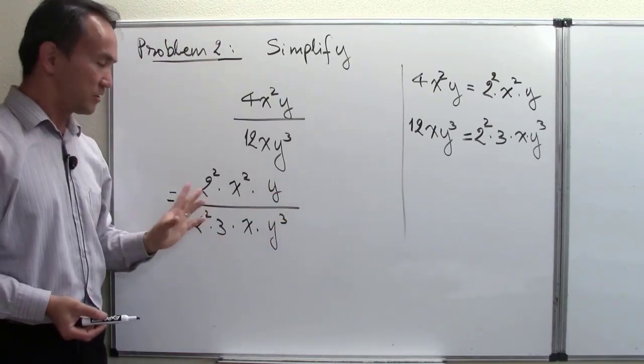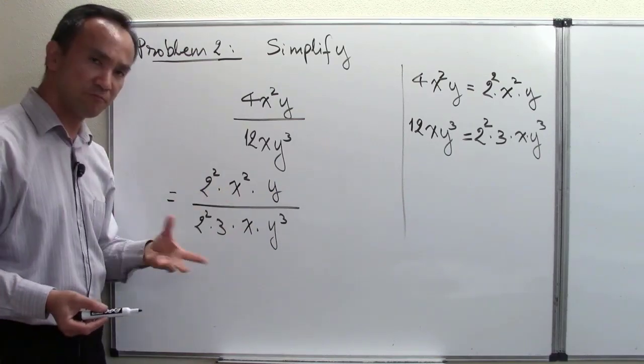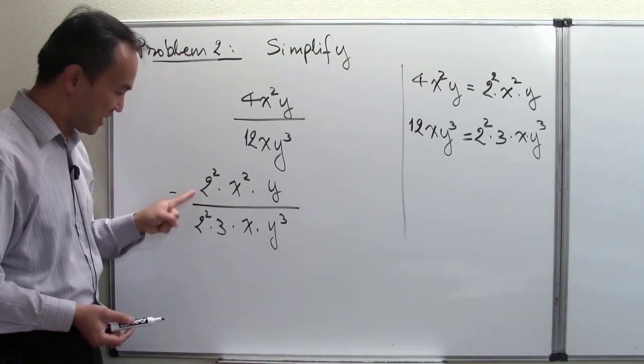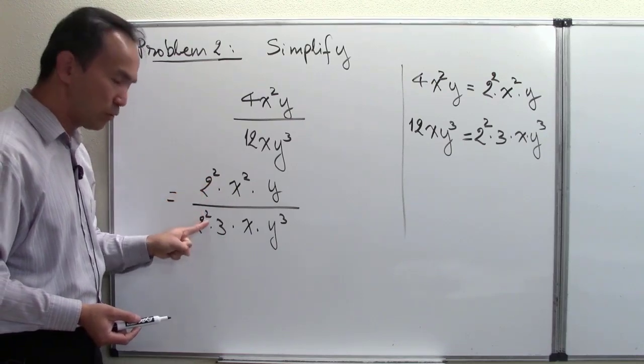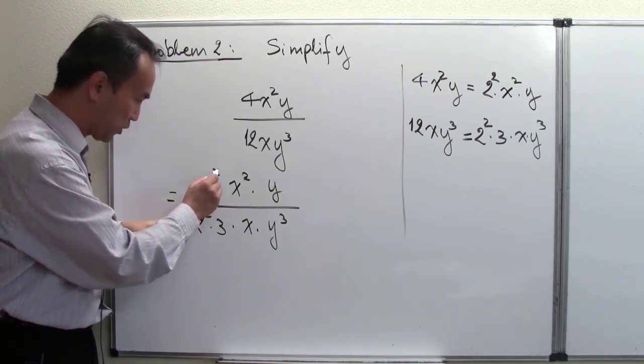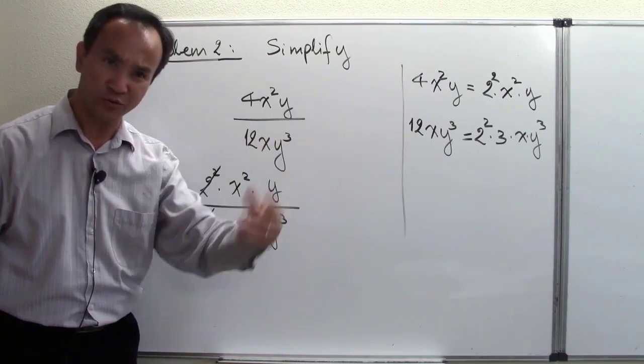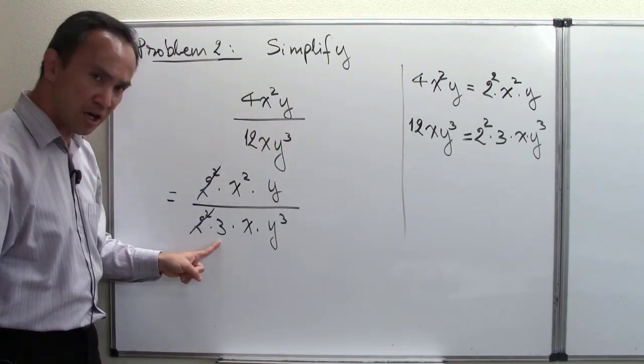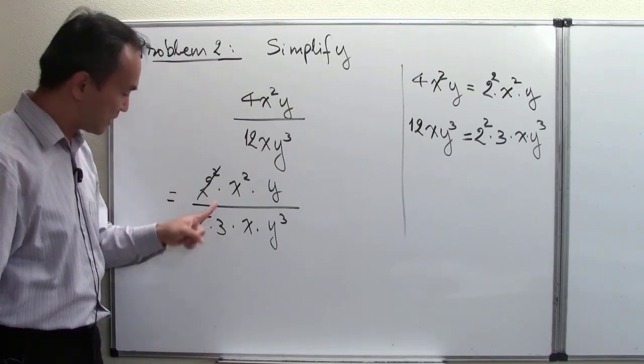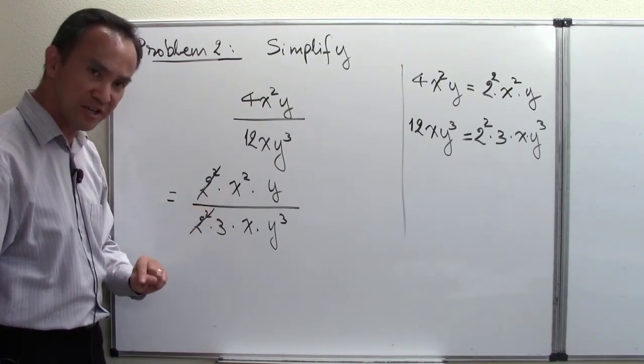And now we start recognizing common factors. So the common factor here is a 2, and even including the square. So the 2 squared and the 2 squared are completely divided away, or now we can say we completely cancel that away. The 3 is not common. 3 is only in the denominator, but it's not in the numerator. So 3 is left here the same.